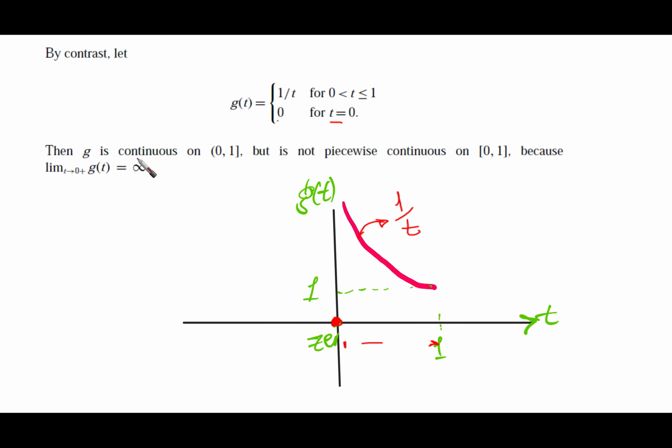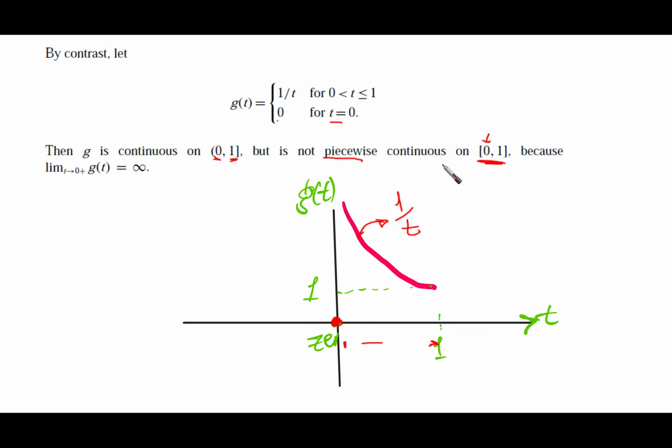Now, g is continuous on (0, 1]. Take care, 0 has the round bracket here, and this is the square bracket here. This means that 0 is not included, but g is not piecewise continuous on the interval 0 to 1, including 0.